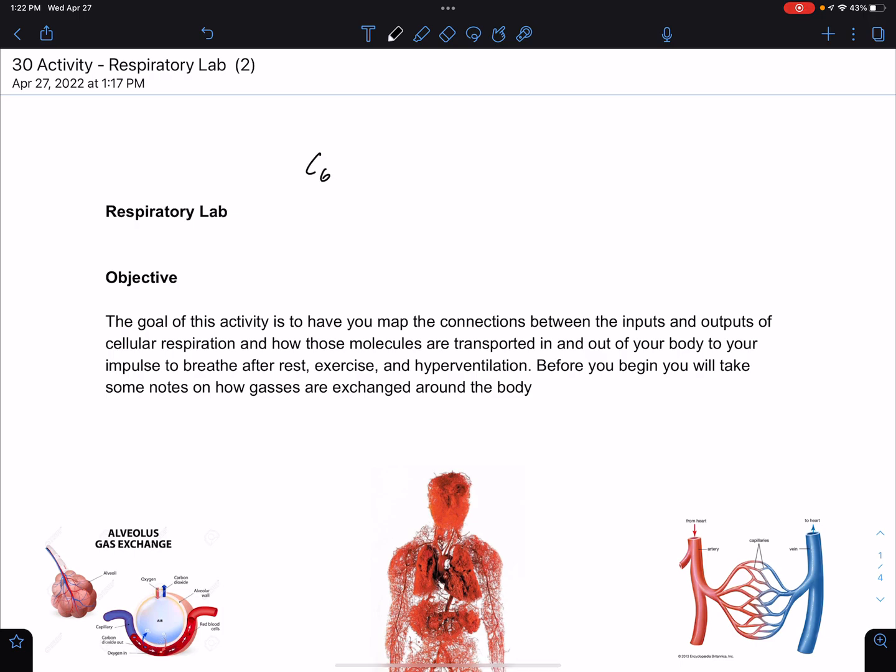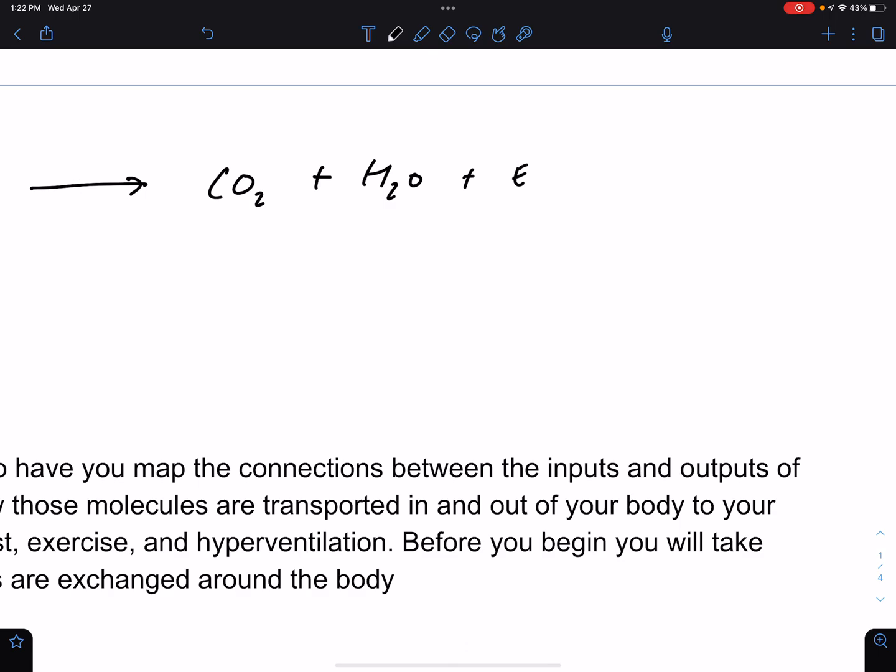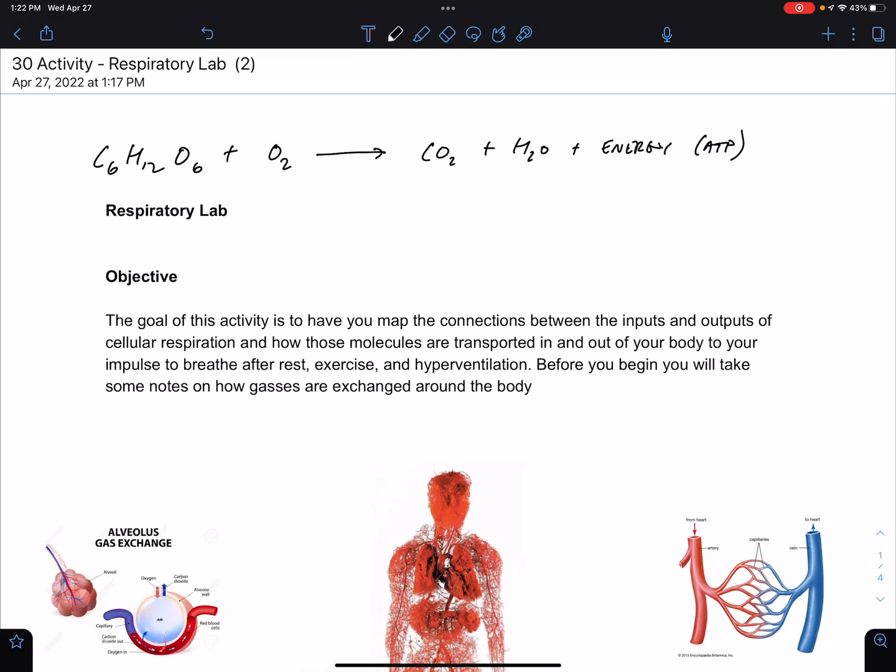We have C6H12O6 plus O2 is making CO2 plus H2O plus energy in the form of ATP.